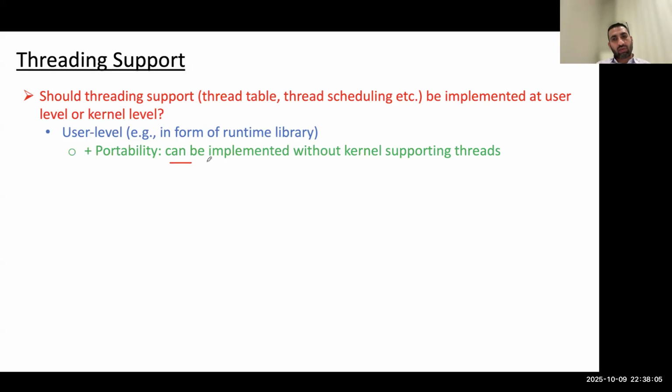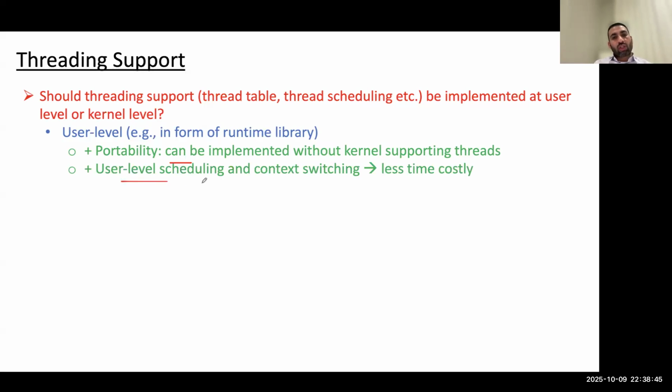We can implement threads even when the kernel doesn't provide any support for them. If the kernel is unaware of the concept of threads, we can still perform threading with this user level library, and if that library is available on two different systems, we can support multi-threading without expecting any background support from the operating system.